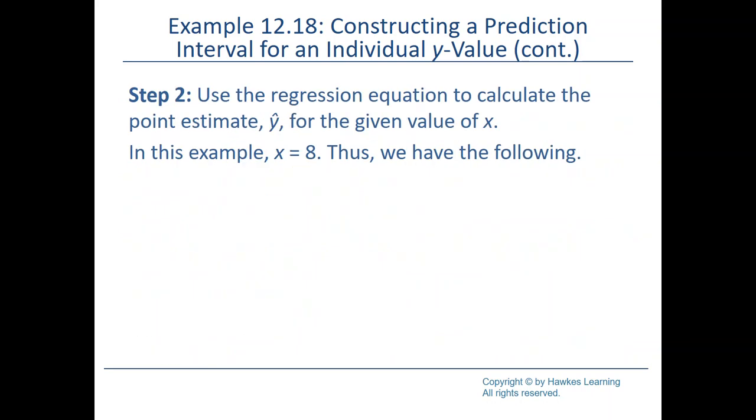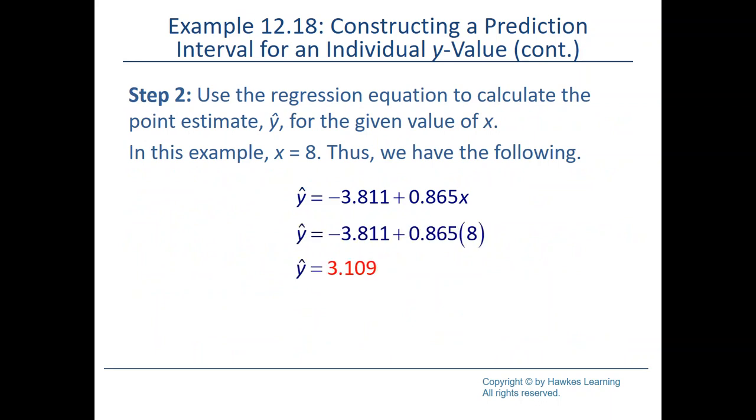Now, step two is you're going to use the regression equation to calculate your y hat for the given value there. And that's going to be, for example, x equals 8. So we're going to go with our model and plug in 8 for x, and we get our y value to be 3.109.